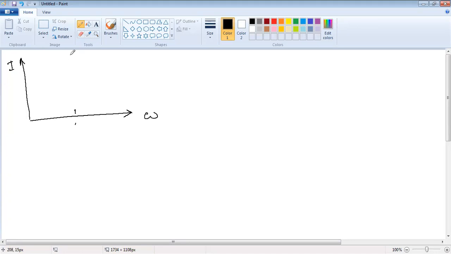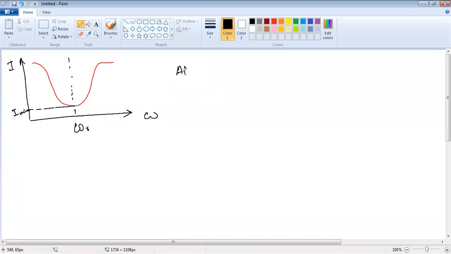Now, if this is the resonant frequency, you can see at the resonant frequency, I is minimum. So whatever we have just told, this is the fact. Through this graph, we can observe this.